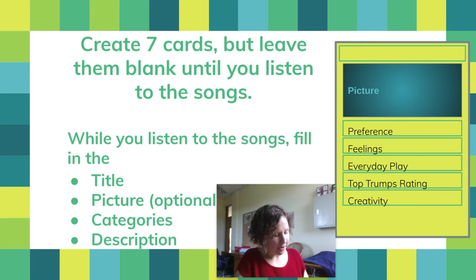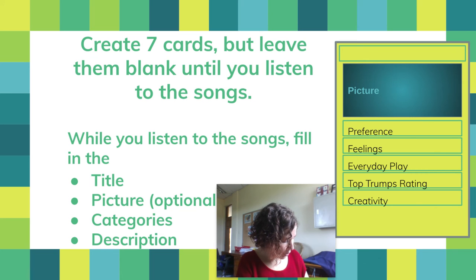So I'm going to create my first one. I'm just going to put a box at the top, and then I write preferences, feelings, everyday play, top trumps rating, and creativity.